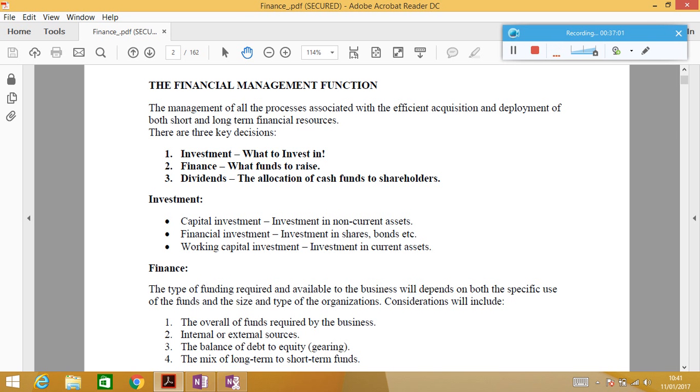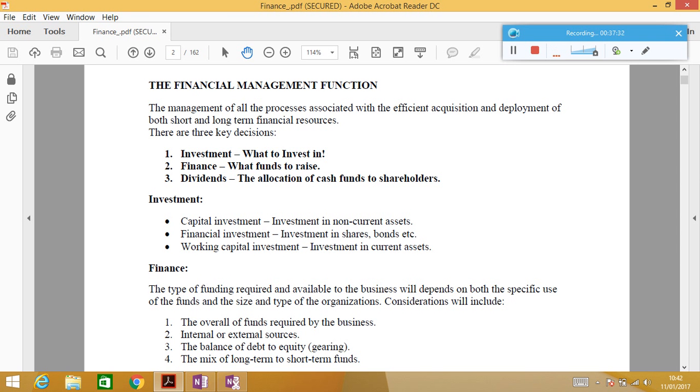Look at the investment part there. Capital investment, financial investment, and what? Working capital investment. So guys, it's easy to remember. When I say investment, you just remember it this way, CFW. Remember that way, as a key point. Investment, CFW.